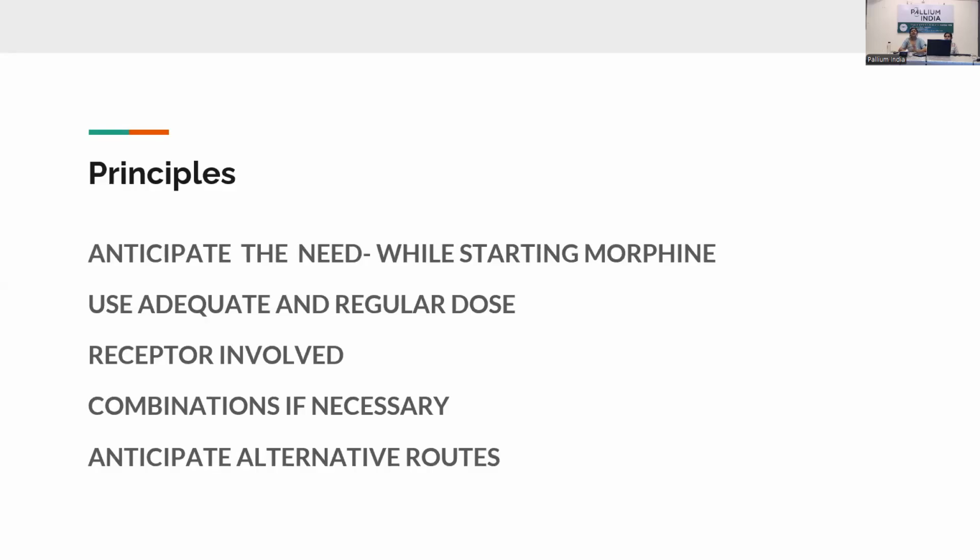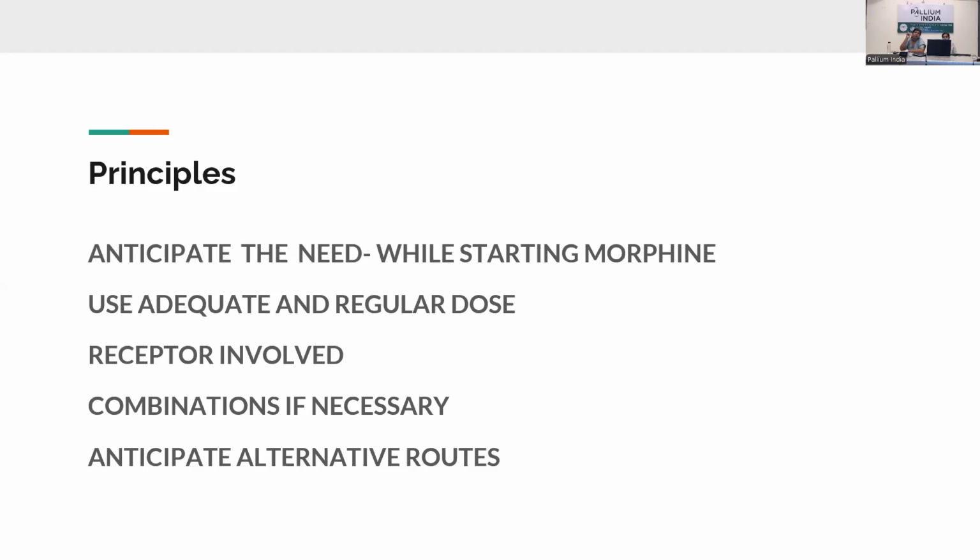Now, this is about anticipating the need while starting morphine. I'm talking a little about morphine because most of the time we have to prescribe morphine. We already know that morphine is an opioid and morphine can cause vomiting, right? So we have to write some kind of antiemetic when you prescribe morphine.